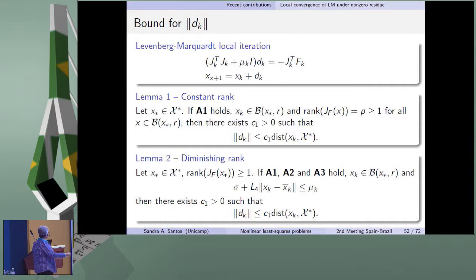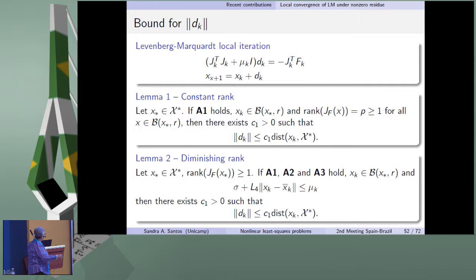Now, if the rank is not constant and is just greater or equal to 1, but can diminish as we are approaching the solution, then the analysis will really depend on the conditions A3, A2, A4, and A5. And in the constant rank case, no.